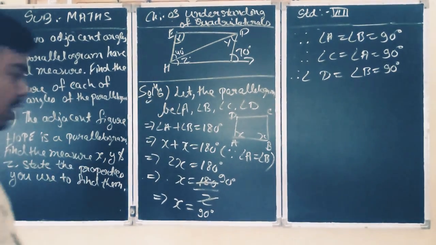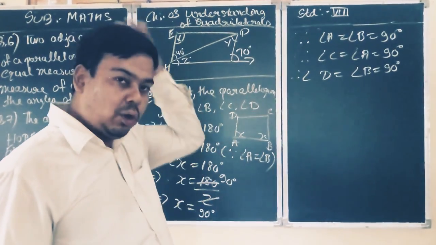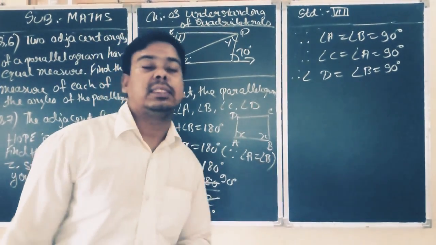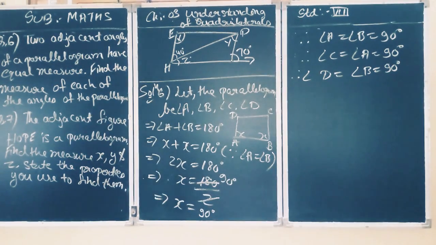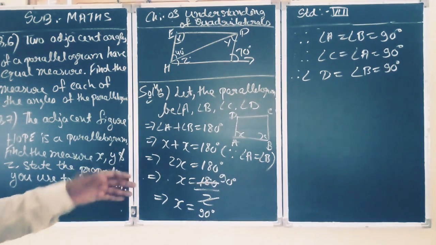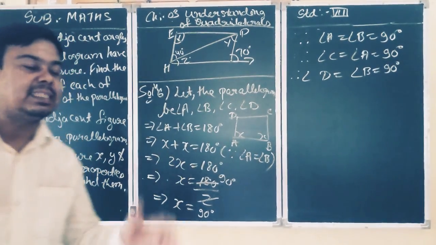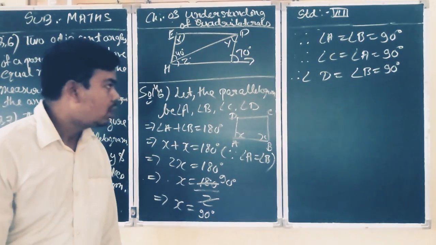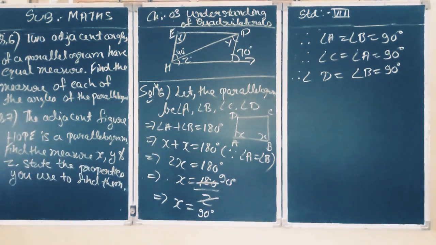So each angle of the parallelogram is 90 degrees, and 90 times 4 is 360 degrees. This parallelogram is a square or rectangle, because each angle is 90 degrees. Please copy this one. Let's move to the next one.